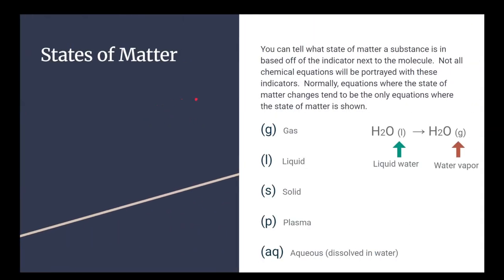To identify chemical reactions, we first have to define the states of matter. These are small little indicators that go right behind molecules to tell you what state of matter an element or a molecule is in. So these are just little lowercase versions of the first letter of the words, and aqueous is not a state of matter, but it's still used similarly, so goes here just as an indicator.